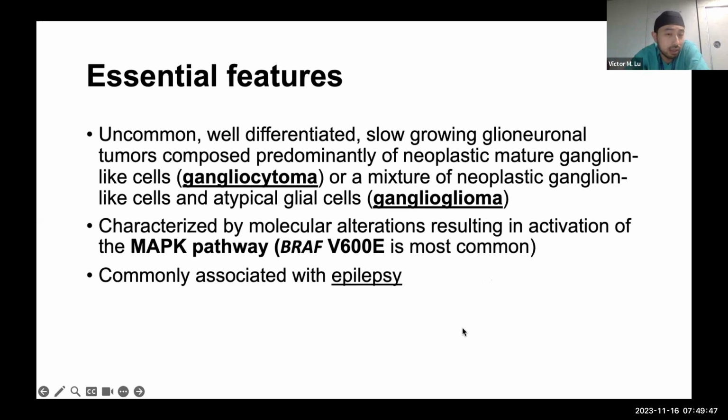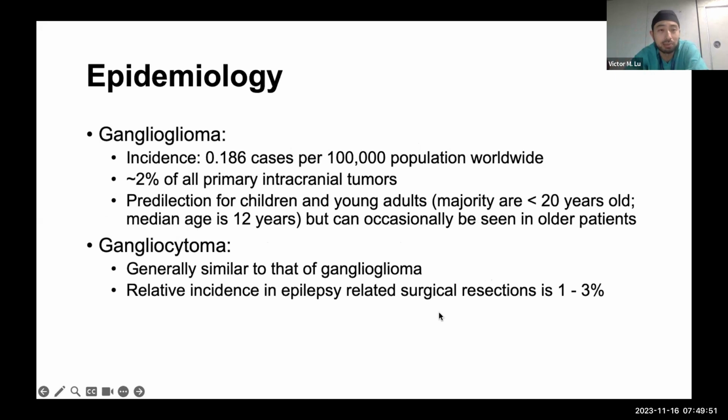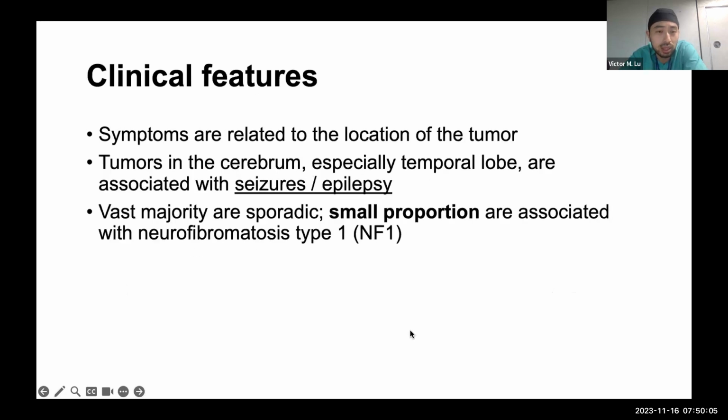These tumors are commonly associated with epilepsy. They're not particularly common compared to other lesions, but at least the gangliogliomas are more likely in younger people than older adults, similarly with gangliocytomas.